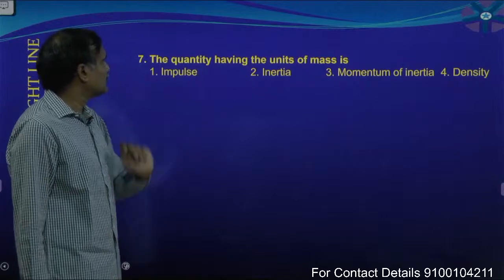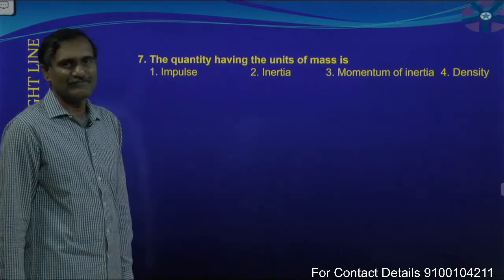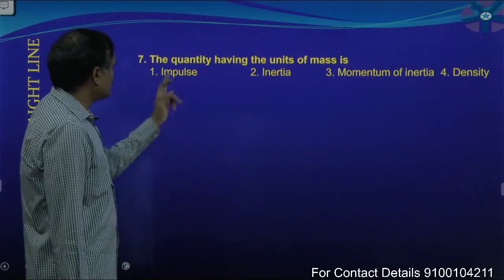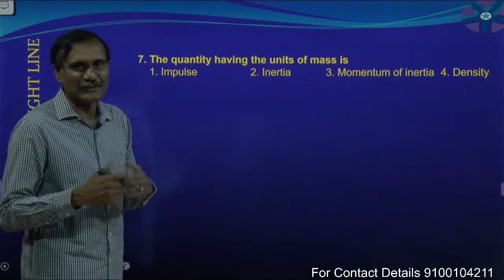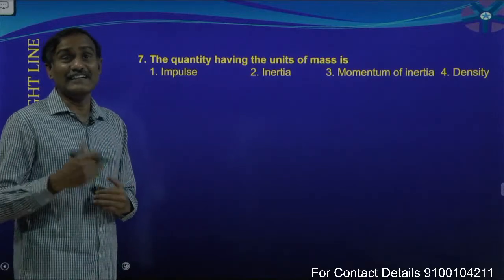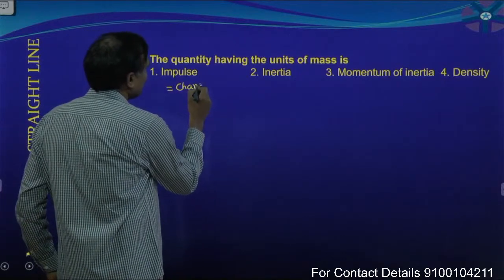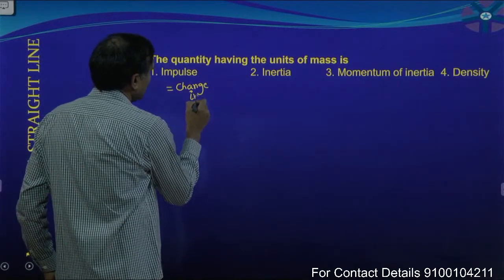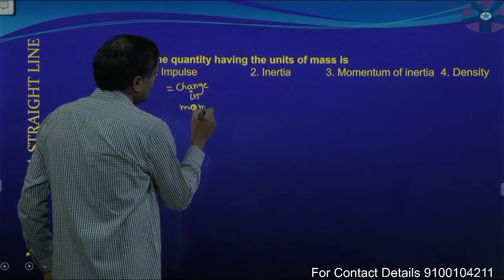Okay, here the quantity having the units of mass, tell me, what is meant by impulse? Impulse, already in your 9th standard you know about that. It is change in momentum, in magnitude.